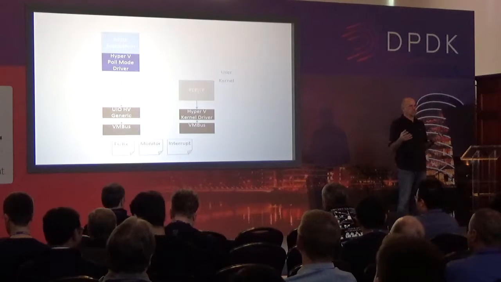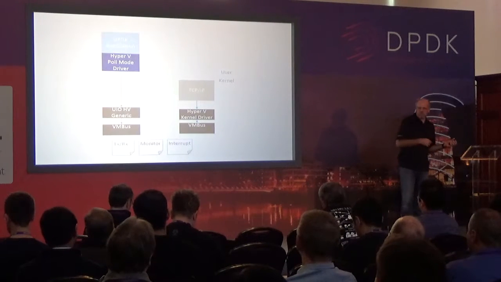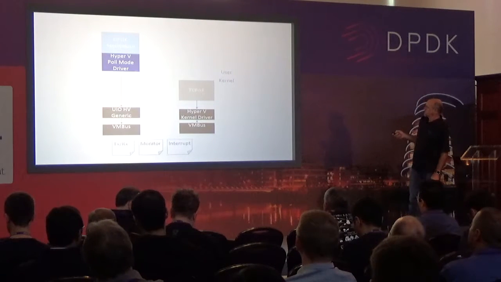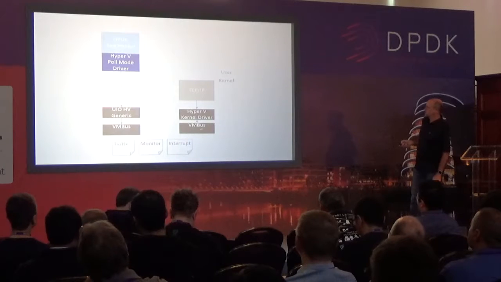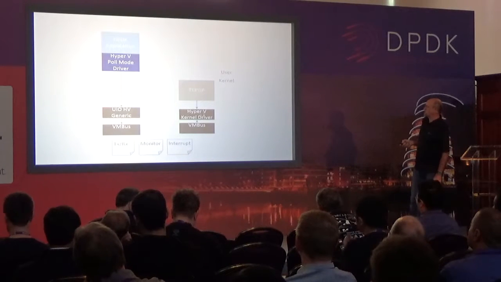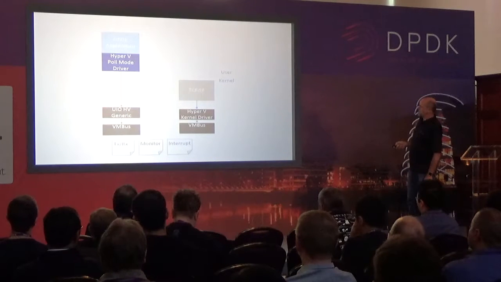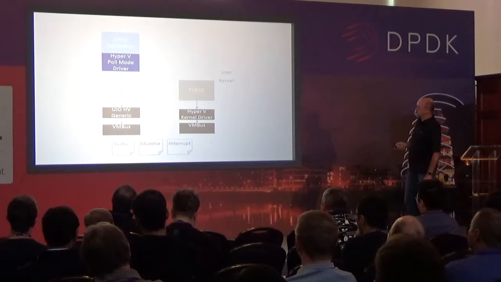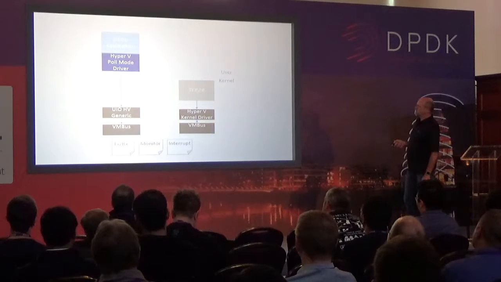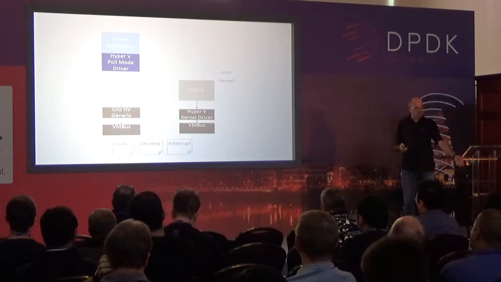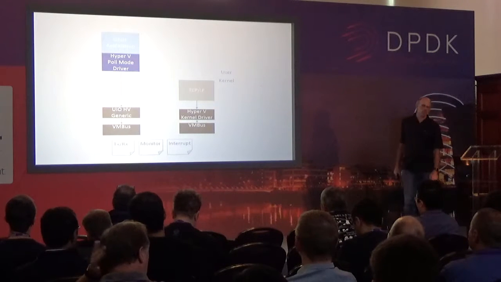If you look at the Linux side, you have VM bus, you have a NetVSC driver, and it goes up the stack. Well, on the HyperV DPDK side, you've got VM bus, you want to have a generic interface in the kernel, just like you have a generic interface to PCI, and you want to move it all into user space.